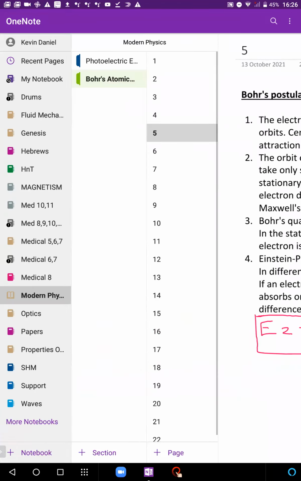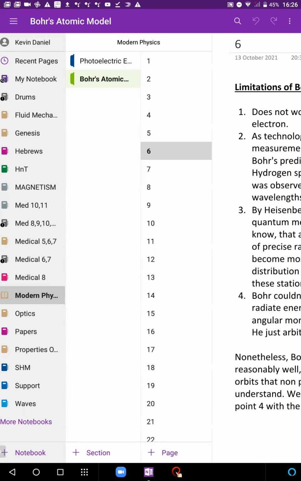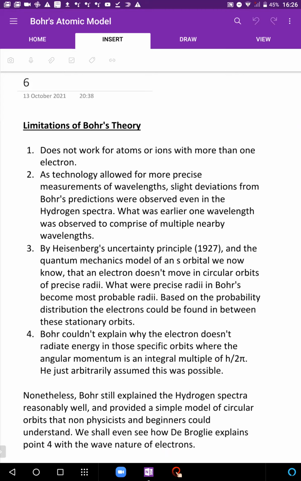Now, again, from a theoretical point of view also, those postulates are important. You should have an idea of what his claims were and why he made those claims. I can notice a slight lag, I think that's just in my device.